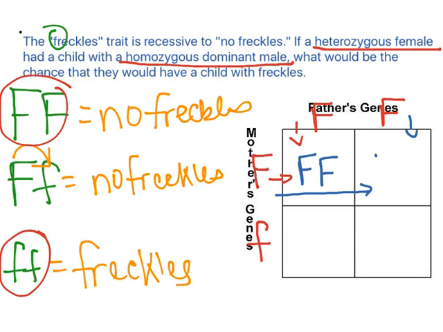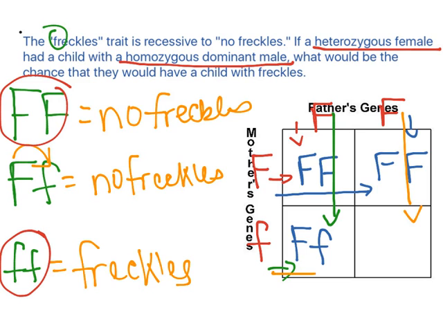So again, I have big F, big F. Then I need to go down to the bottom, and at the bottom I only have this little f, but I need to bring this one all the way down, and this one here. And in that case, I will have big F, little f. And then again, I'm going to need to bring this big F all the way down, and this little f all the way over. So again, I have big F, little f.